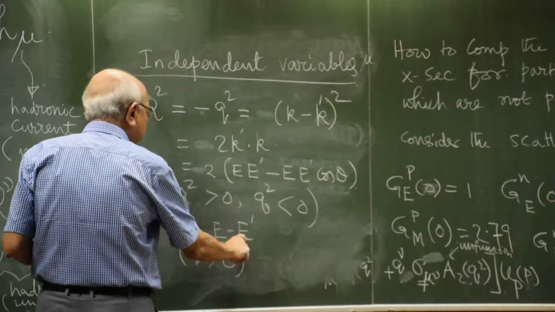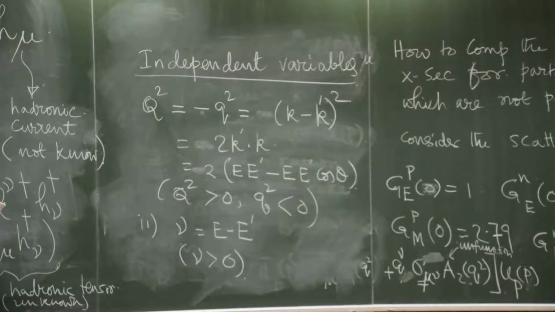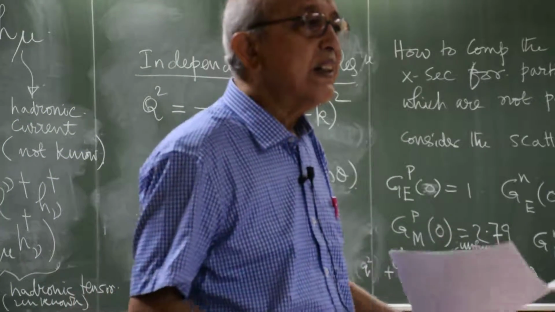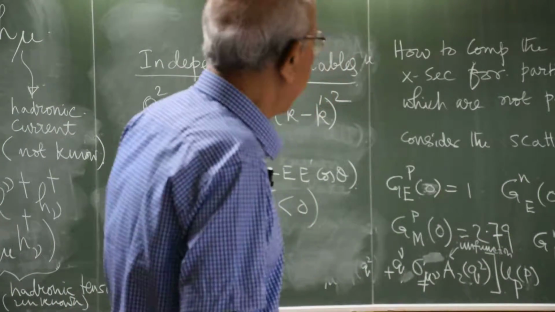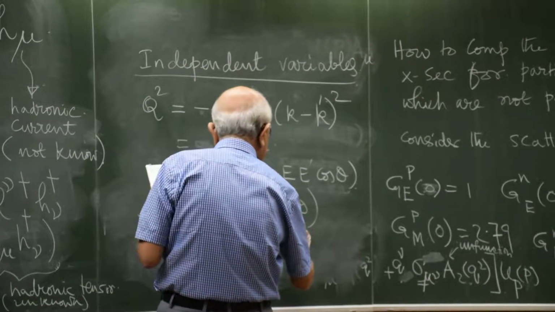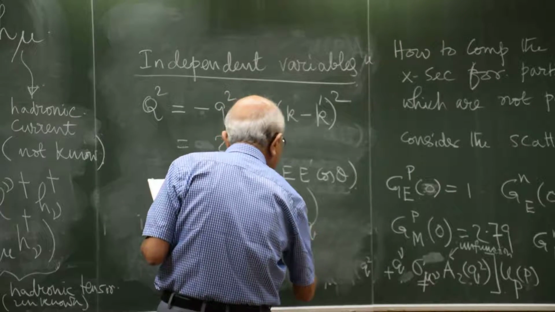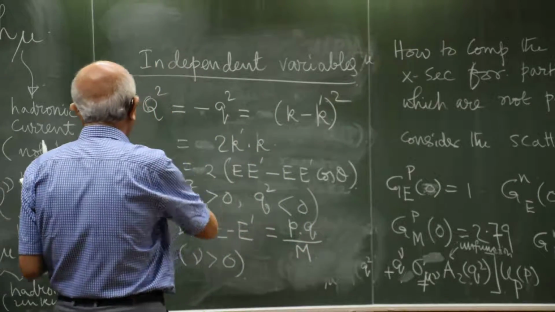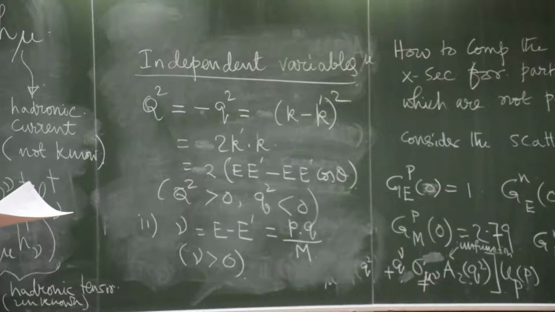But those of you who are interested in Lorentz invariant quantities, because they always give you confidence that whatever I am getting is not dependent on the frame, make yourself convinced that this is basically P dot q over M, where P is the four momentum of the proton. Now this is easy because the four momentum of the proton is, in the lab frame, the mass of the proton.